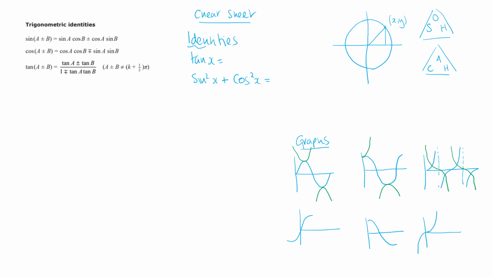First of all, we might have a look at some identities. Tan x, you should know, is sine x over cos x. That's an identity, so we use the identity sign. Sine squared plus cos squared is always equal to 1 for any angle.